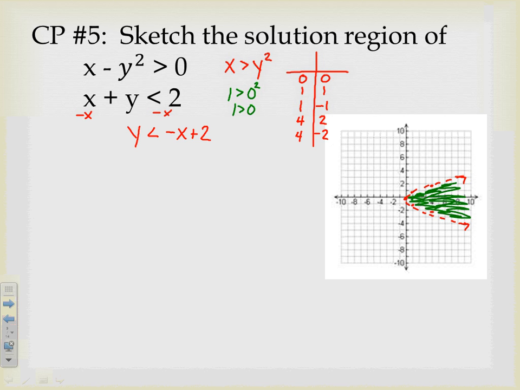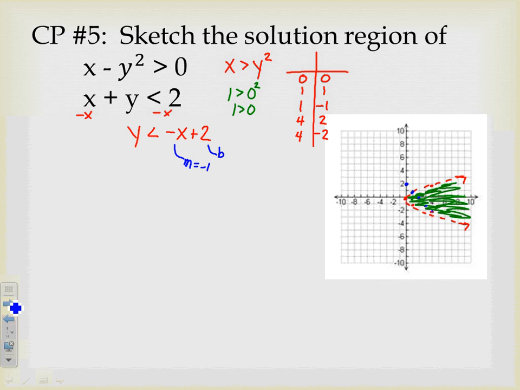All right, now I'm going to come back and I'm going to graph my line. My b, or my intercept, is 2, so graph it. My slope is -1. So from there, I'm going to go down 1, right 1, all the way through.